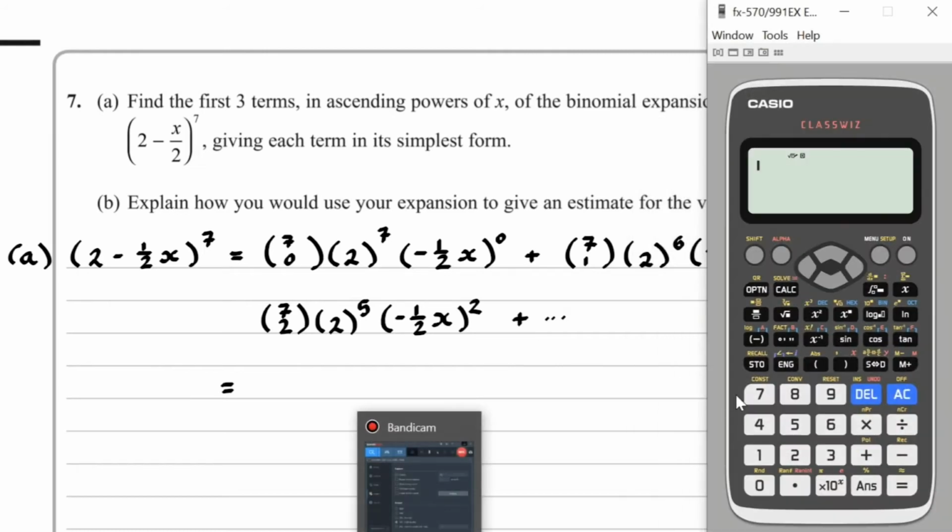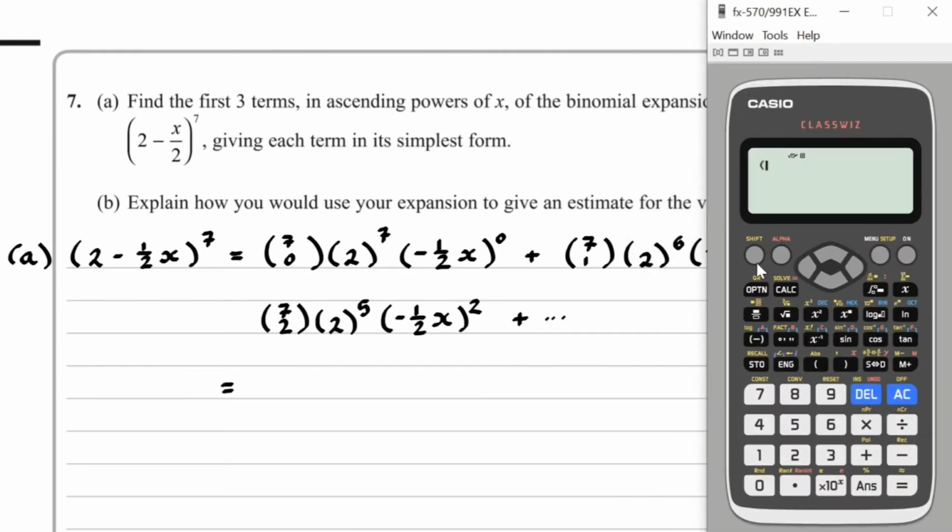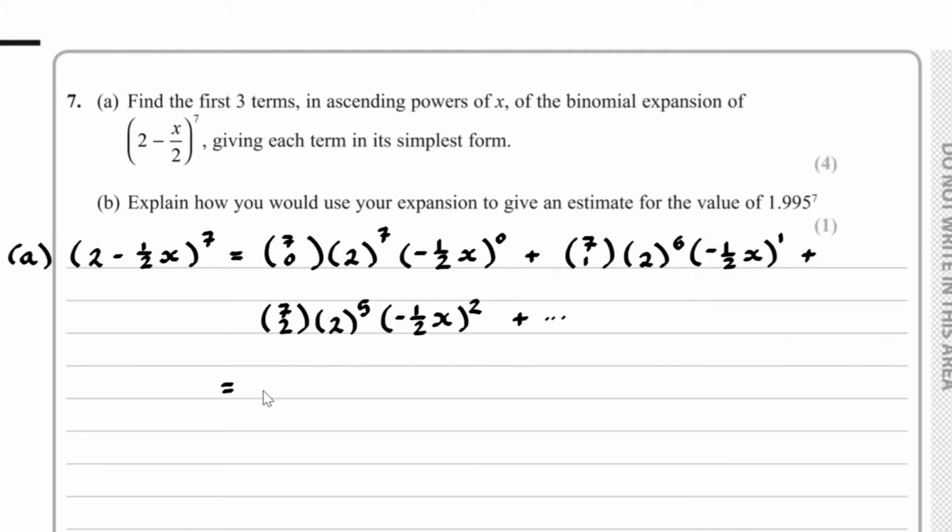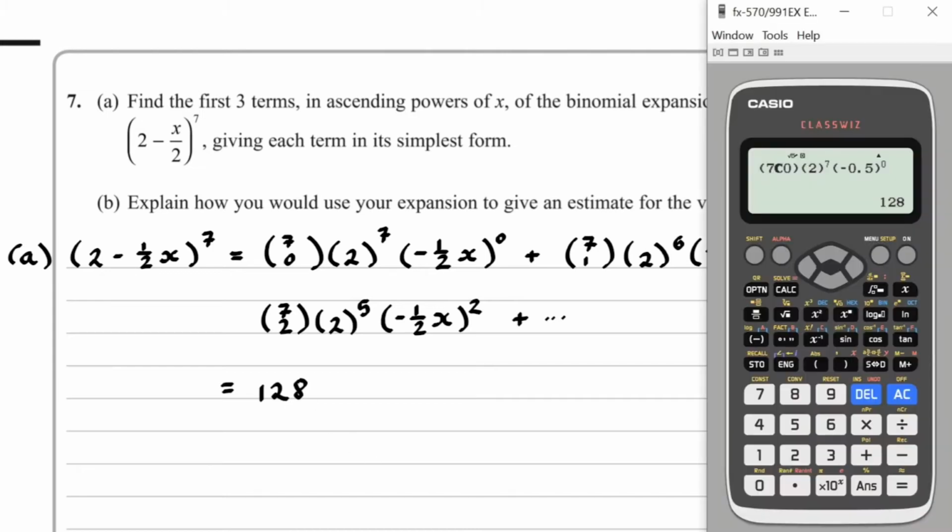So if we work all of this out, we have 7 choose 0, lots of 2 to the power of 7, lots of minus 1/2 to the power of 0. The coefficient of x to the naught will be 128. For the next term, we have 7 choose 1, times 2 to the power of 6, times minus 0.5 to the power of 1.